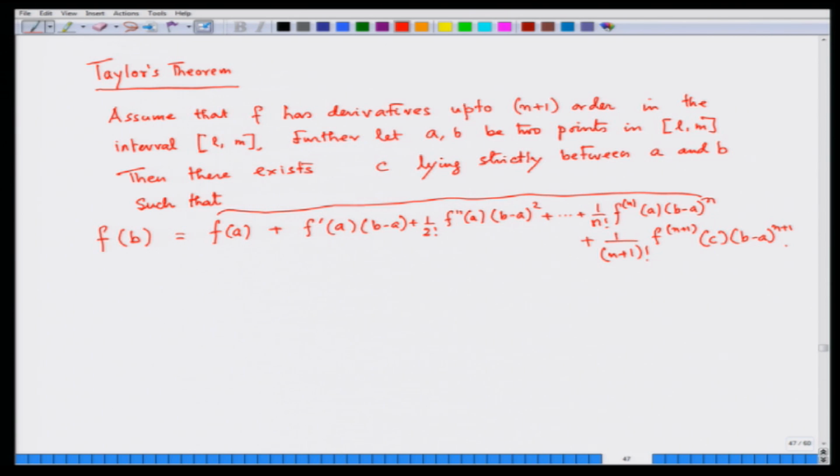So if I have the function value at b and I take its approximation using the Taylor polynomial, the part which I have actually given a line across, not the part which I have written down, then Taylor is able to calculate the error. So what he says is that if you have derivatives up to n plus 1th order in the interval, and maybe I would just say continuous derivatives, I would like to add continuous derivatives.